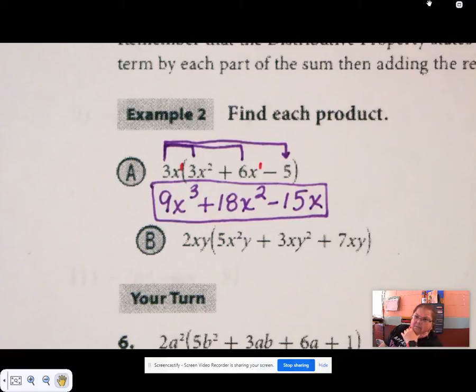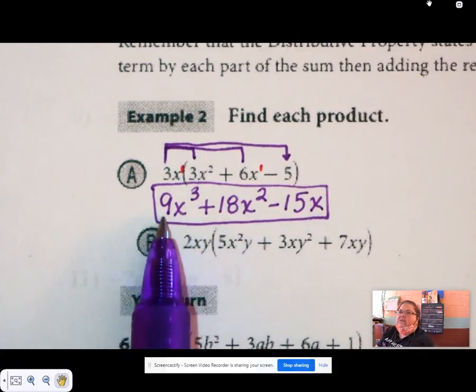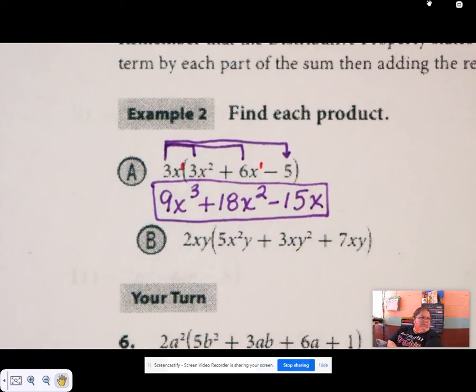They're not like terms. Is that a like term? This is x cubed and that is x squared and that's just an x. Are they like terms? No, no. Bases. That's what I was saying. Bases and like terms are two different things, right? I can multiply as long as I have the same variable. I can only add or subtract if I have the exact same variable and exponent.